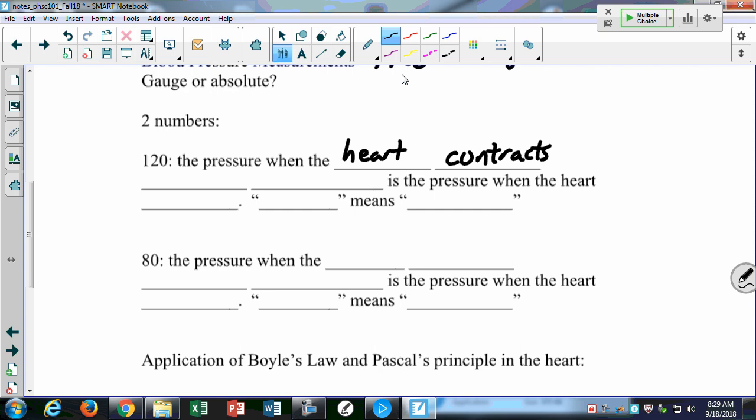This is called the systolic pressure. It's the pressure when the heart contracts. And the word systolic actually means contraction.